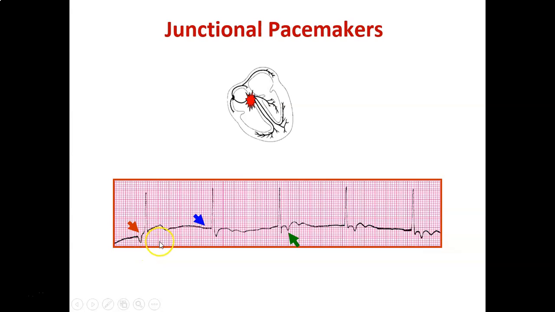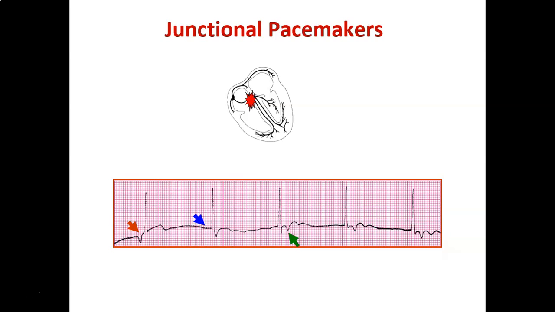Look at this rhythm strip. If you see here, the rate is obviously slow, and it looks mostly regular. There are no normal P waves seen, but abnormal shape of P waves is seen. That's an inverted P wave before the QRS complex, or no P wave at all, or maybe a P wave after the QRS complex.